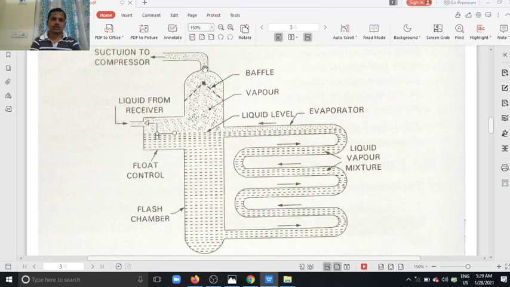Only pure vapor, without liquid particles, goes to the suction to the compressor. So this is the float valve. So this is the flood type evaporator.